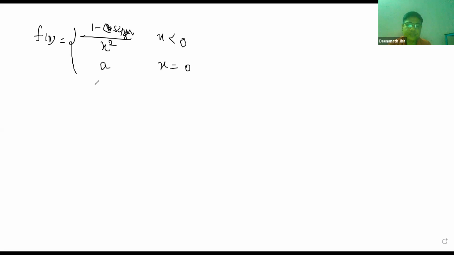Now, one question. Write down f(x) equal to (1 minus cos 4x) divided by x squared if x less than 0; a when x is equal to 0; root x divided by (16 plus root x minus 4) when x greater than 0.